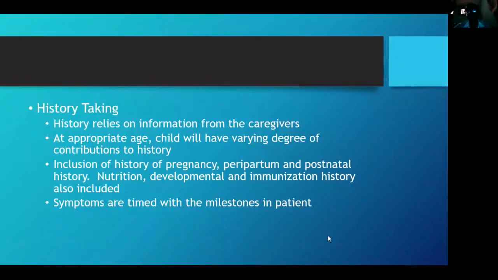Whereas in an infant presenting with bilious vomiting, an infant up to 3 years or even a toddler for that matter, we will be thinking of something else, especially if there has not been an antecedent before. We'll be thinking of something like intussusception. So these symptoms are usually timed with the milestones the patient has attained.